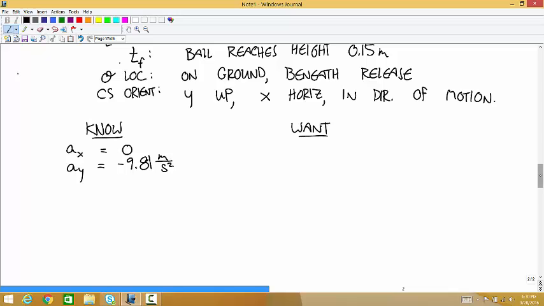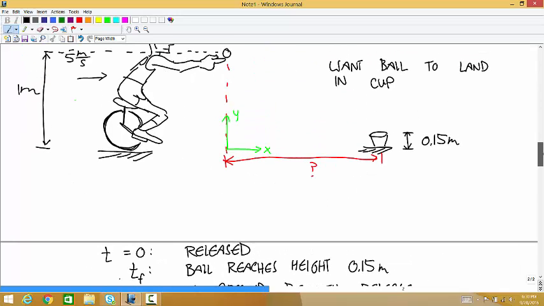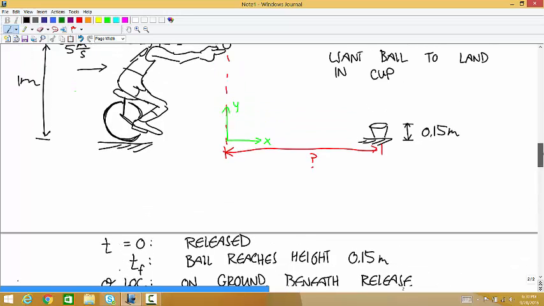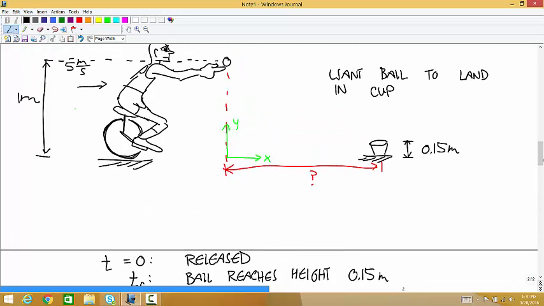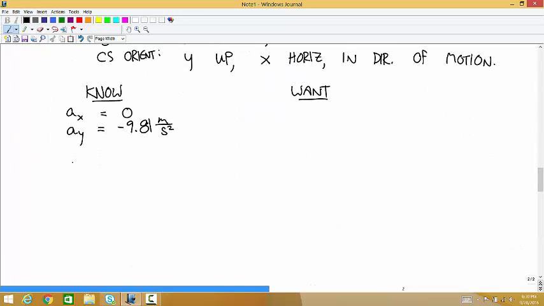Initial position. What's the X component of the initial position? 0. And what's the Y component? 1, yep.